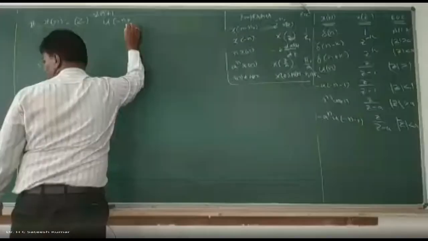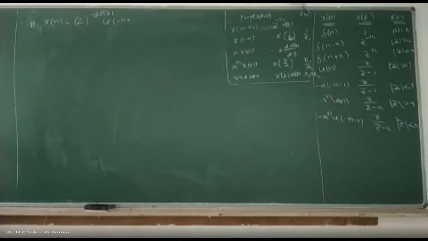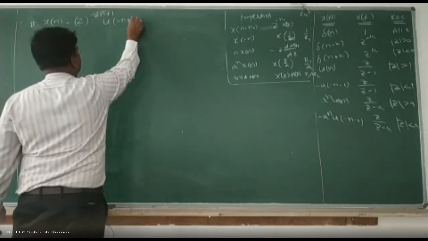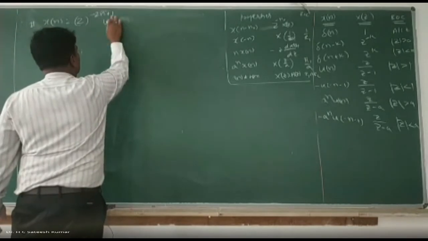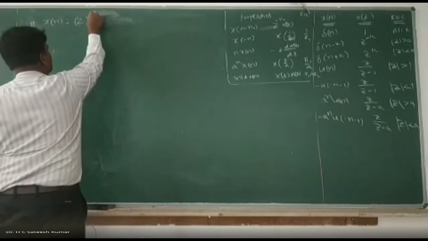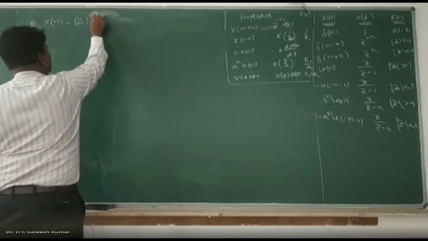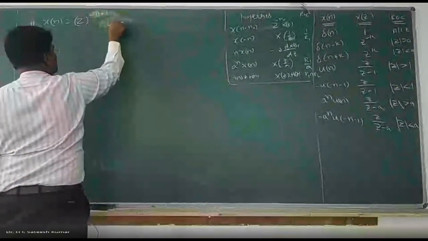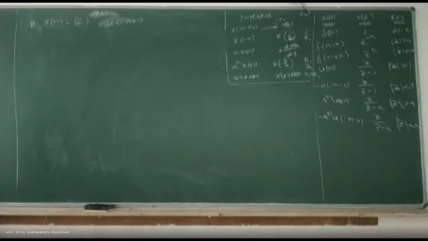Or you can write it as, still simpler I can take it, I'll write it as minus of n plus 1 into u of minus n plus 1. Still simpler one I have written. Later on we can go for complicated problems.